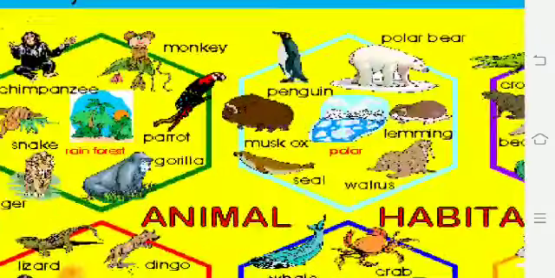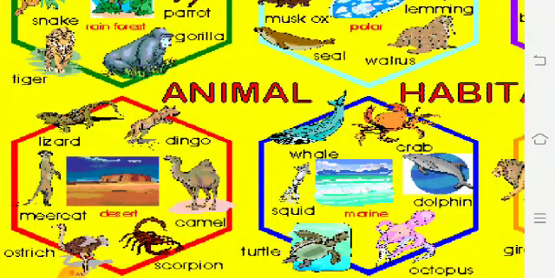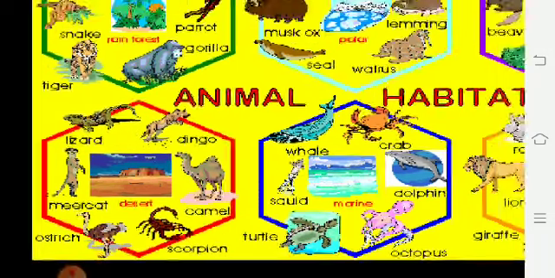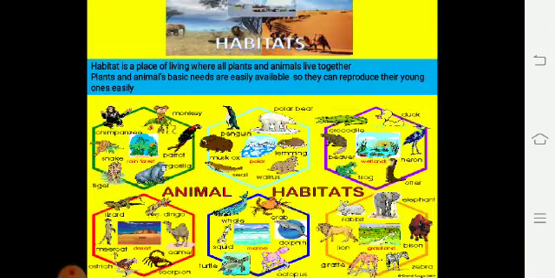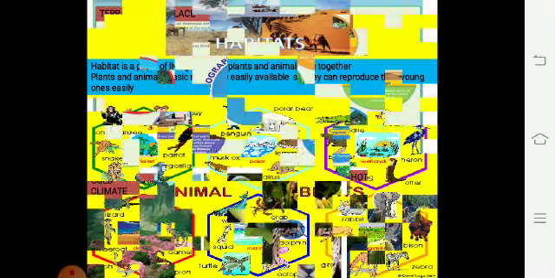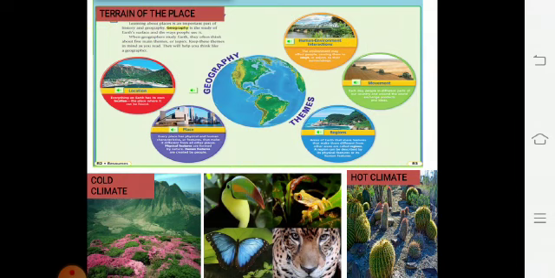In the desert, we will find lizard, dingo, camel, ostrich, etc. So we have different types of habitat along with different living beings. So what is the terrain of the places? Cold climate, hot climate. On the basis of all these reasons, we have different habitats.